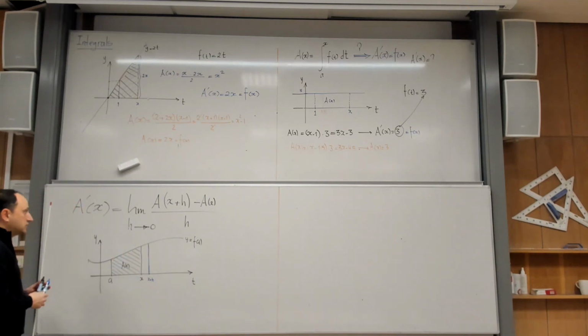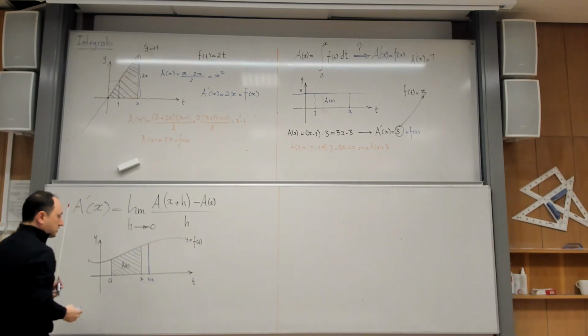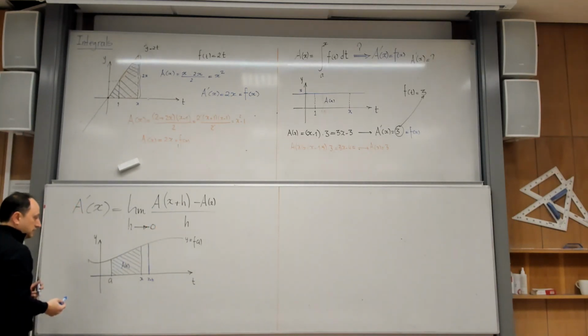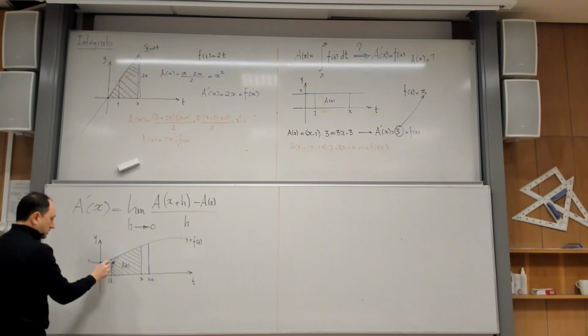And if I ask you what is A of x plus h, can you tell me what that is? That is some area. Area from where to where? From x plus h to a. So I would just hatch this area with a different color.